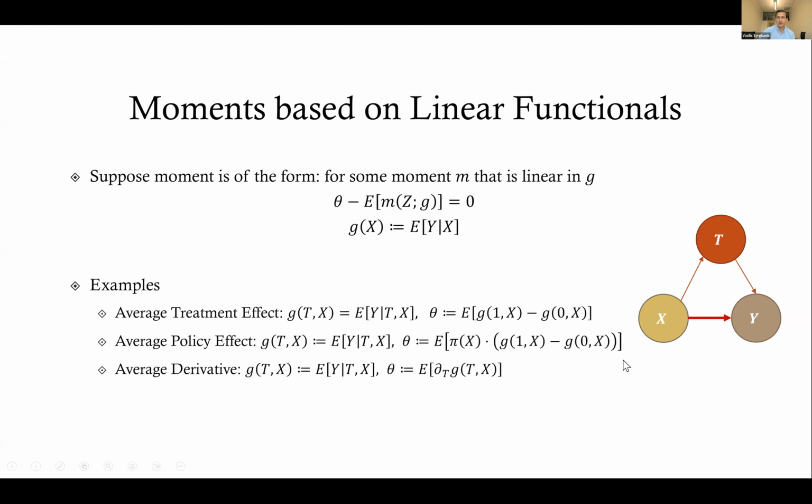Similarly, if you don't care about the average effect, but you care about some average policy effect, where the policy pi maps observed covariates to treatment or no treatment, that also can be phrased as the average of a linear moment functional. And if you have a continuous treatment and you care about the average marginal effect or the average derivative, that also corresponds to a linear moment function.